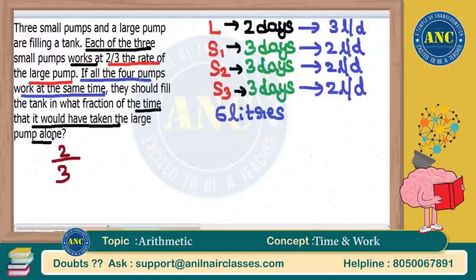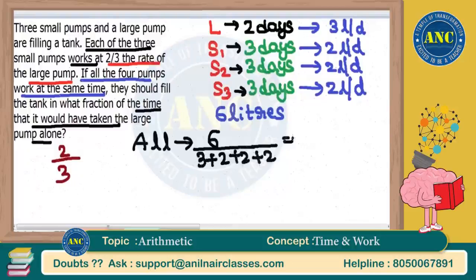If all 4 pumps are working at the same time, how many days will they take? A total of 6 needs to be distributed among 4 pumps: the first is 3, the second is 2, the third is 2, the fourth is 2. So it is 6/9 days, or 2/3 of a day. If all the 4 pumps are working, they will take 2/3 days.